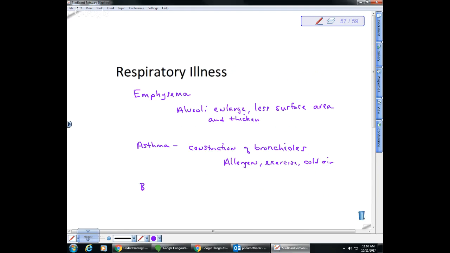Okay, this is different than bronchitis. Bronchitis specifically has to do with mucus. So this is mucus in the bronchi and bronchioles. If you have a cough and it's productive and you're coughing up mucus, then it tends to be bronchitis. Asthma is characterized by a dry cough. If you're coughing and it feels like the inside of your lungs is super dry, that's asthma. Bronchitis is generally due to infection.